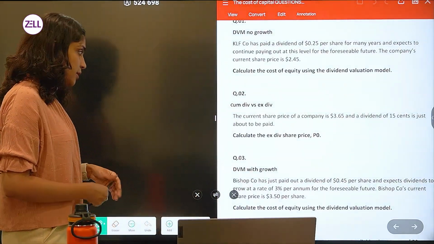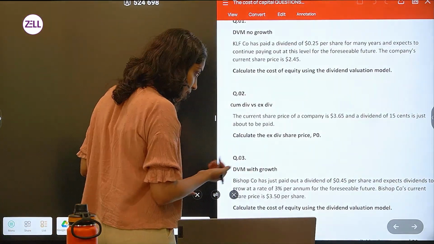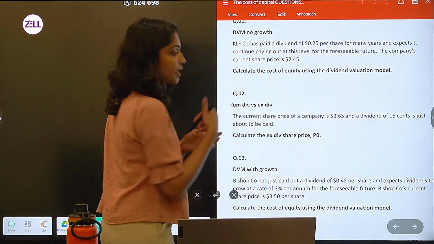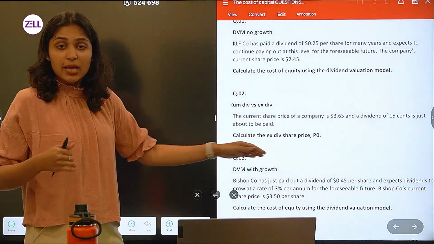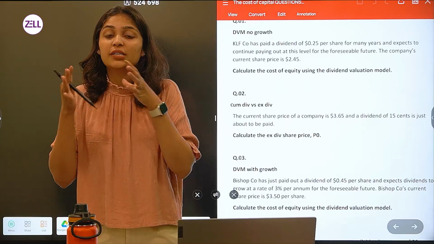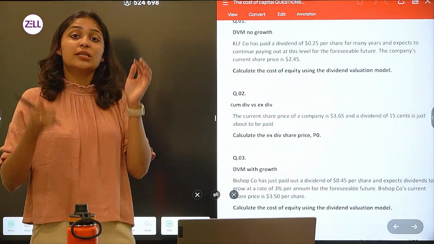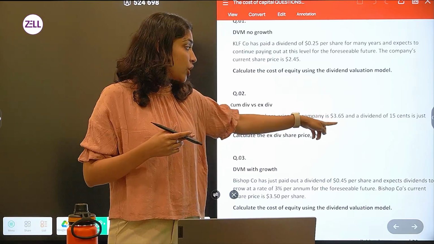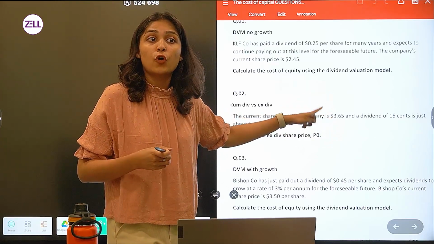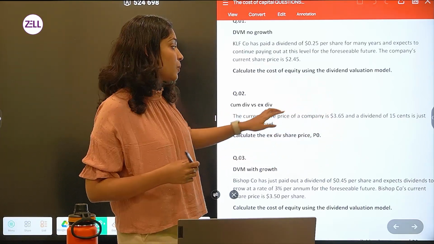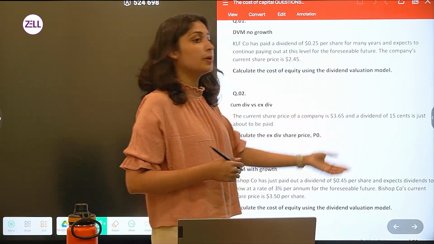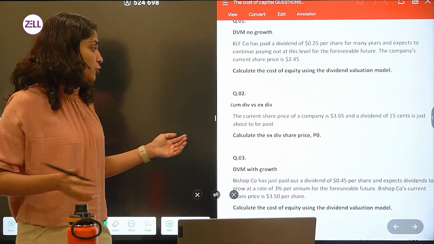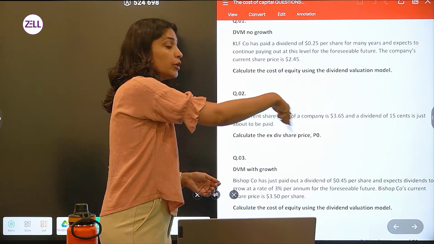That means the share price being quoted in the question is a cum dividend share price. If it is a cum dividend share price, these shareholders are eligible for the dividend payment. That is why we say the dividend is about to be paid. It's not yet paid, so these shareholders are going to get the dividend.